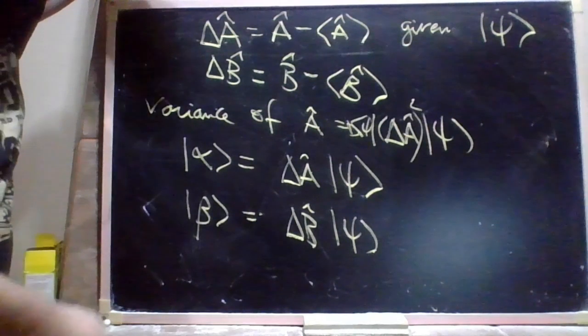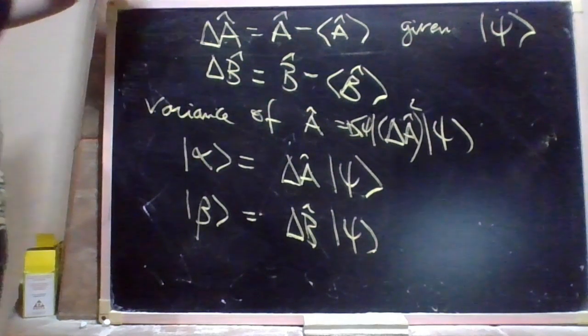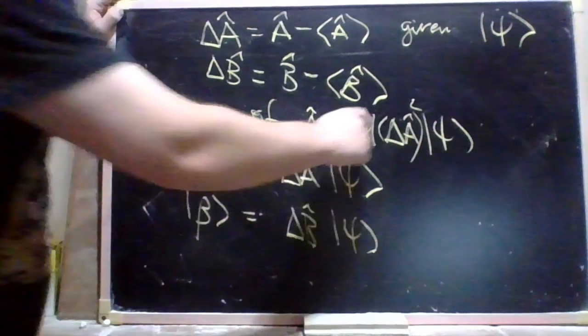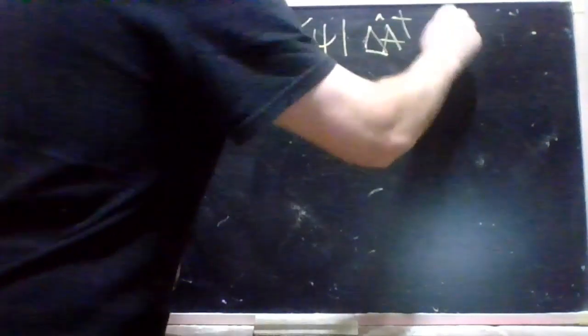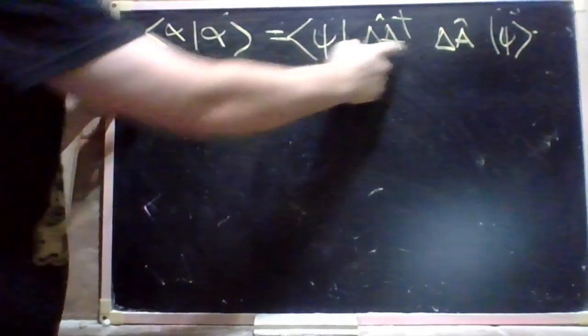And we can plug these things into the Schwarz inequality. All right? Alpha is this, beta is that, and you can calculate the variance. Look at this thing. Alpha projected to alpha is equal to psi, the transpose conjugate of this operator. So I'm writing the ket of alpha here, and I'm writing the bra of alpha here.